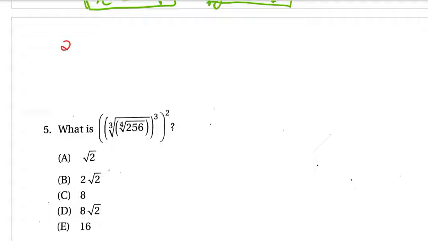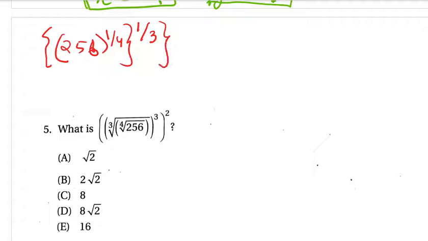That is 256 to the power 1 by 4. Then we have to the power whole to the power 1 by 3. And then we have whole to the power 3.